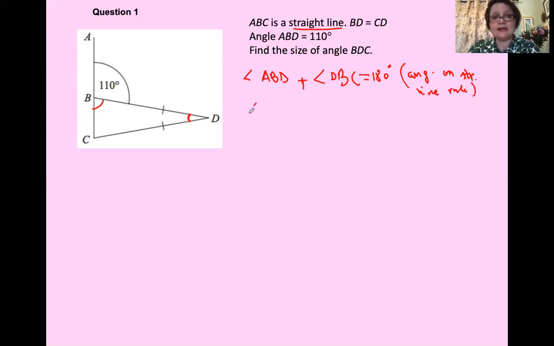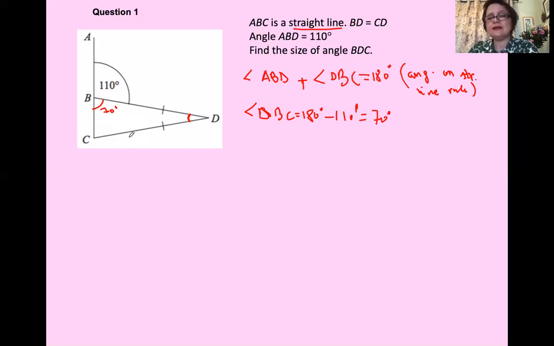This means that angle DBC equals 180 take away 110, equals 70 degrees, okay? Now, once you find out and reason the angle, you must label it on the diagram as well, because that helps quite a lot with finding out the rest of the questions.